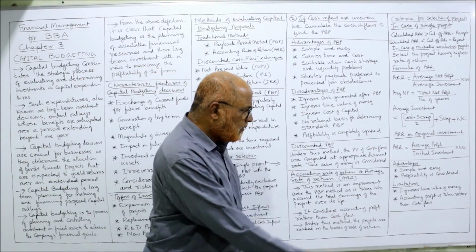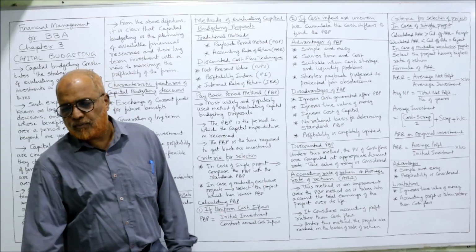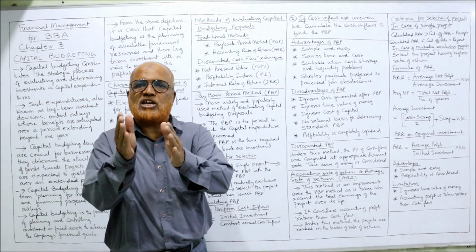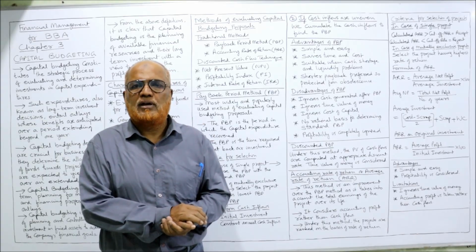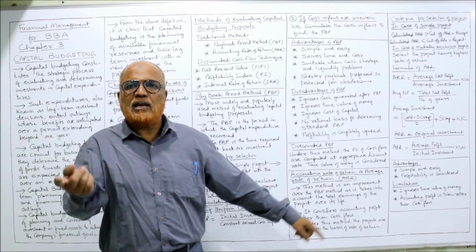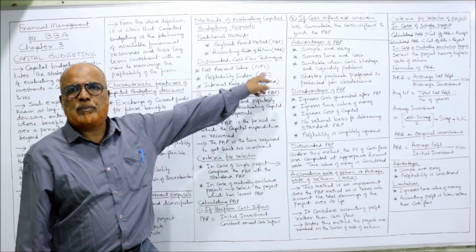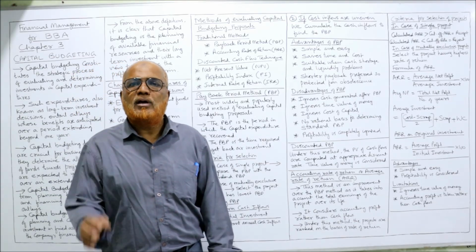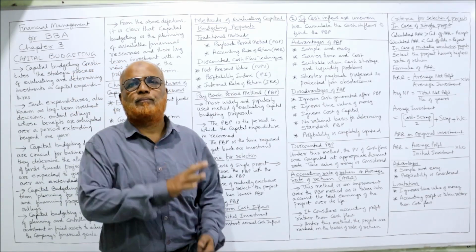Next, accounting profit is taken rather than cash flow. If you compare the future benefits, there are two methods, cash flow or accounting profit. Accounting profit will be taken in case of ARR and cash flow is taken in case of PBP. But if you compare both, cash flow is superior to accounting profit.